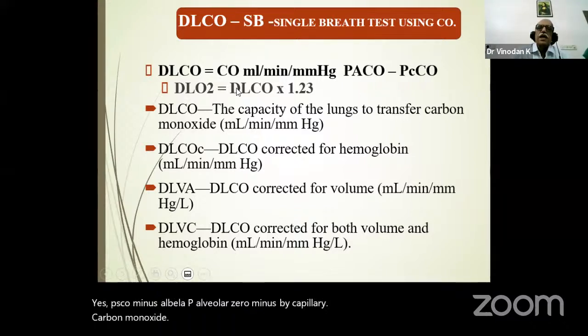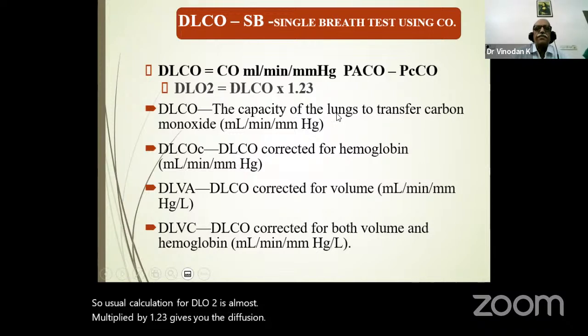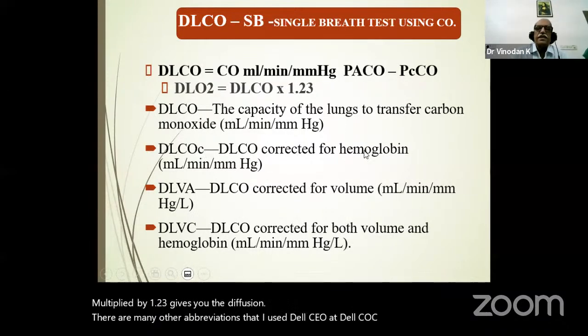The usual calculation for DLO2 is to multiply DLCO by 1.23, which gives you the diffusion capacity of oxygen. There are many other abbreviations that I use: DLCO and DLCO-C, that is the DLCO corrected for the hemoglobin.